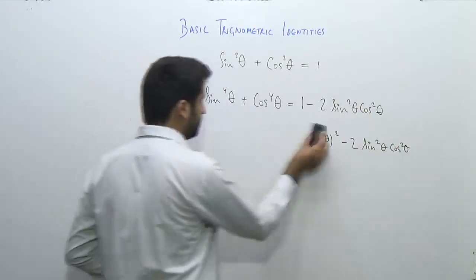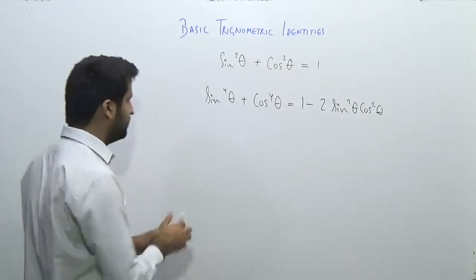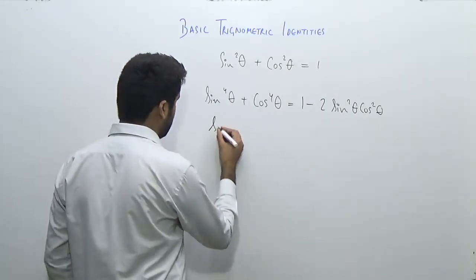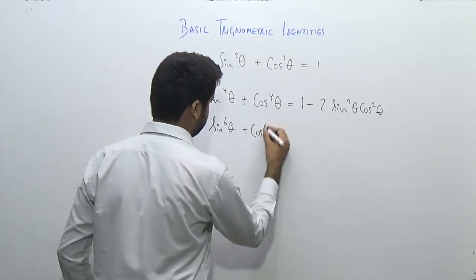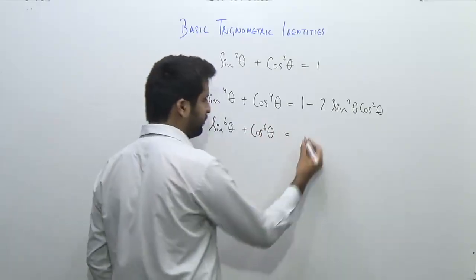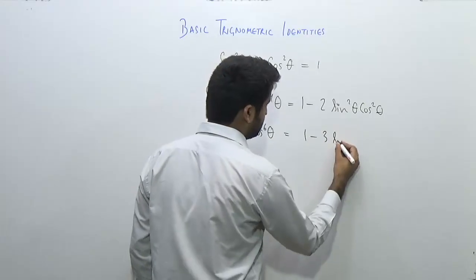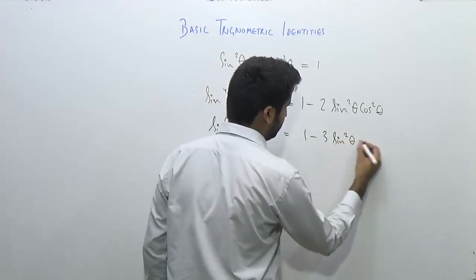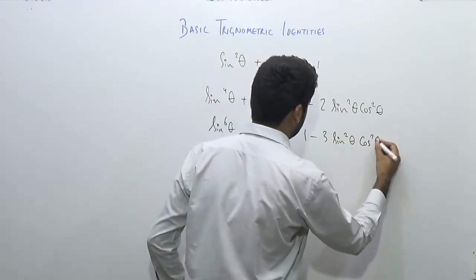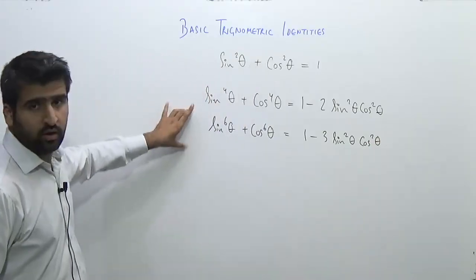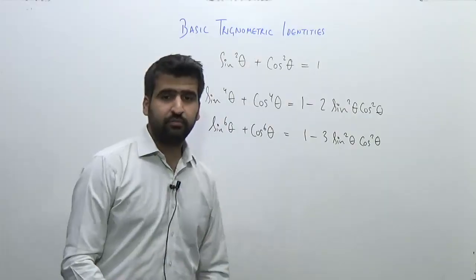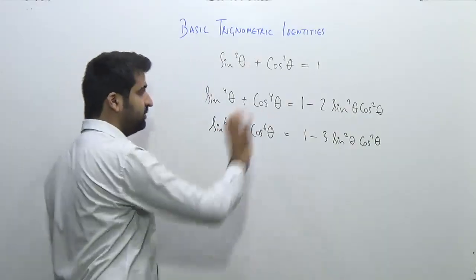And similarly, I want you to learn the value of sine to the power 6 theta plus cos to the power 6 theta. This value is equal to 1 minus 3 sine square theta cos square theta. Okay, so it's better if we simply learn these identities, because they can be used directly in the questions.